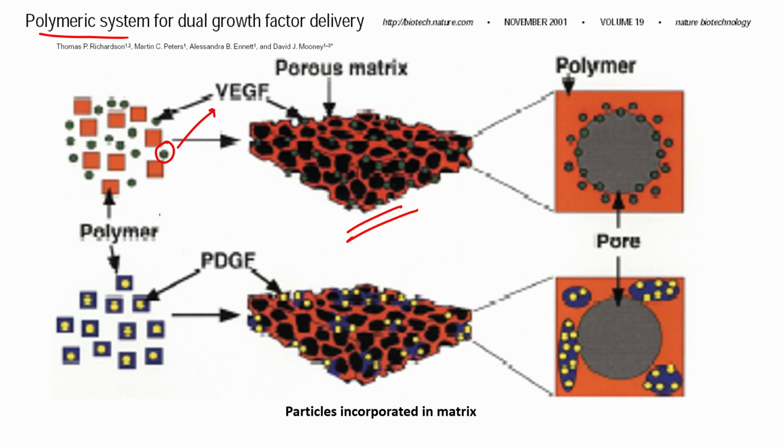And alternative to that, what they have also done is they have encapsulated this VEGF into a polymer, and then they have used a PDGF which was directly encapsulated here.